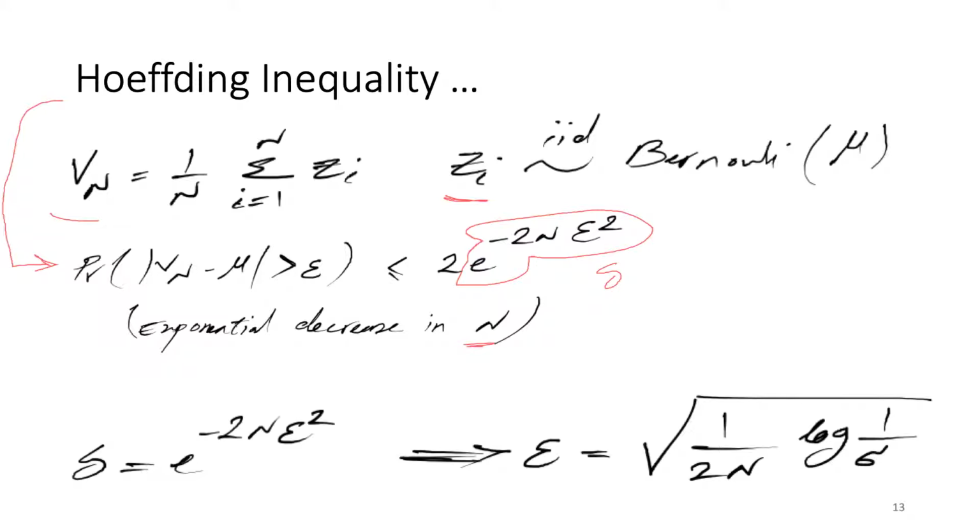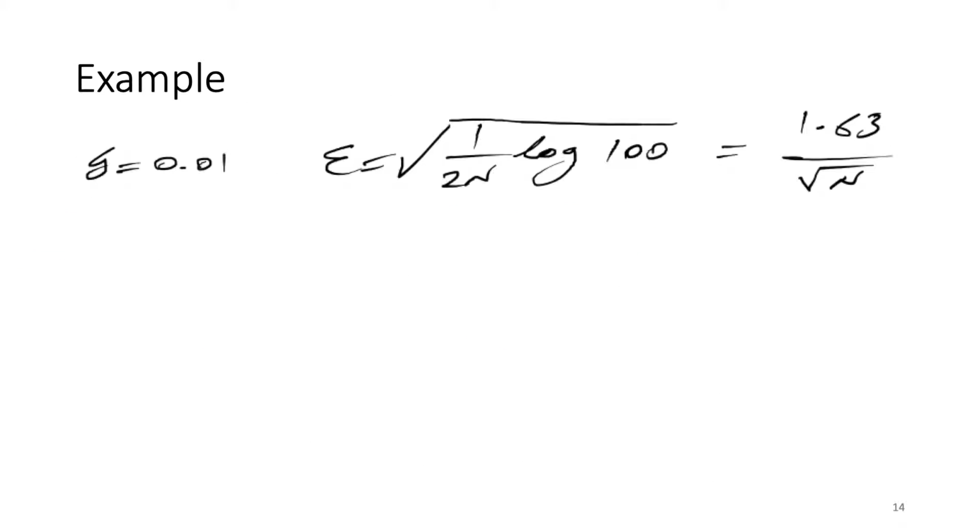Okay, let's see an example of this when we have delta again as around 1%. So if delta is 0.01, so it's 1%, we can calculate epsilon as the square root of 1 over 2n log of 100, right? Thus epsilon would be this value, 1.63 divided by the square root of n.